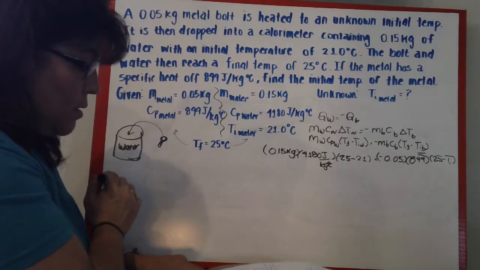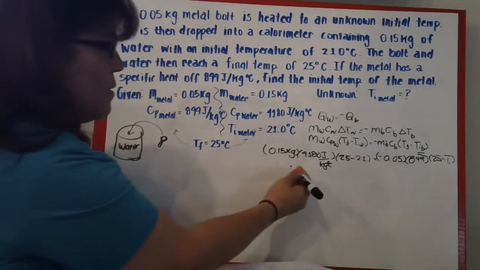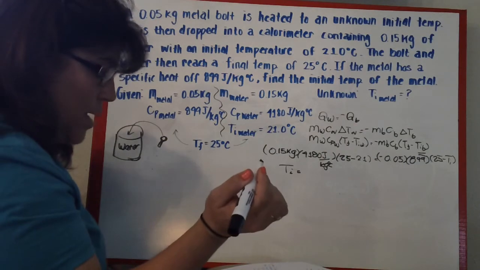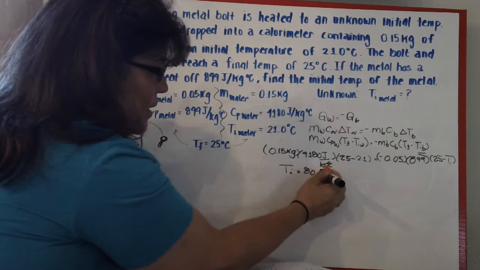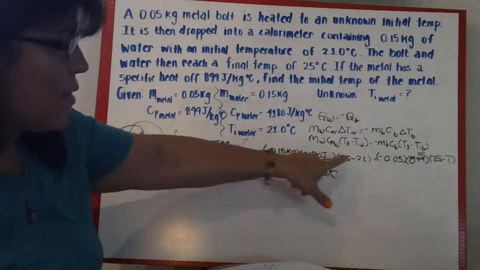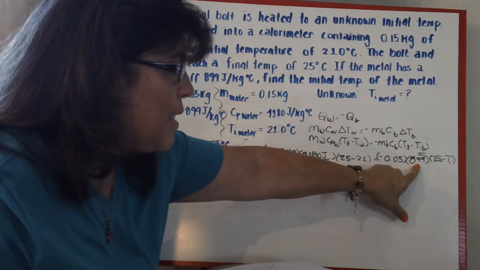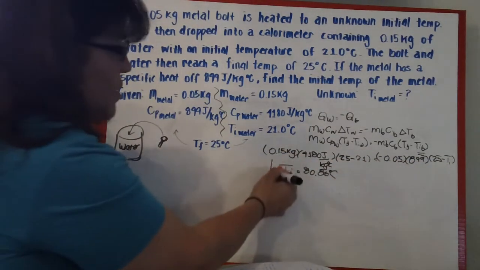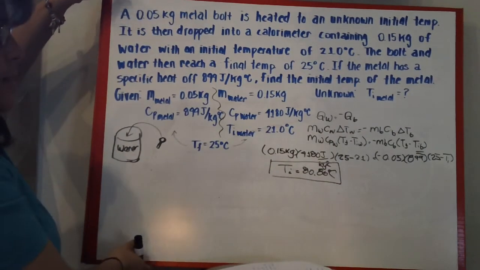If we end up figuring it out and doing some math, you multiply these two together, divide by 0.05 and 899, and then solve for T initial. So you can find out the initial temperature of the bolt was 80.86 degrees Celsius.